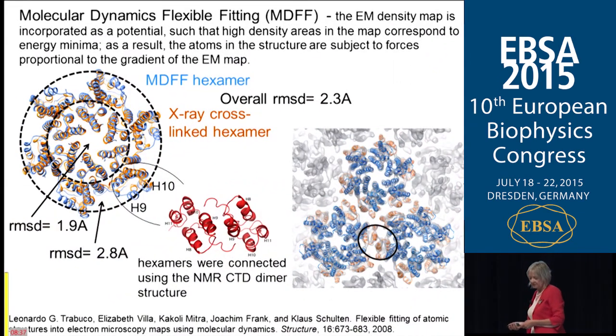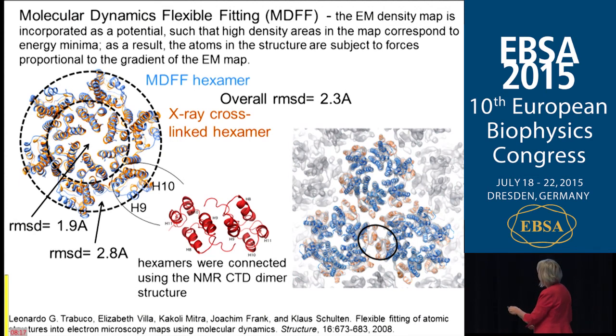So what we did there is we made a stubby tube from the cryo-EM and put it all together using molecular dynamics flexible fitting, a program that comes from Klaus Schulten, to the electron density.